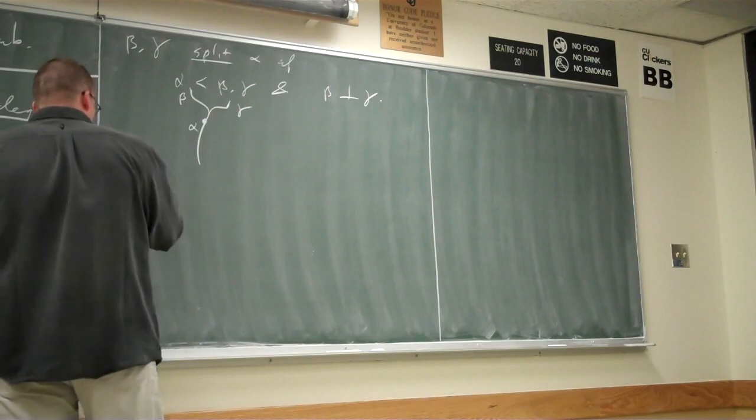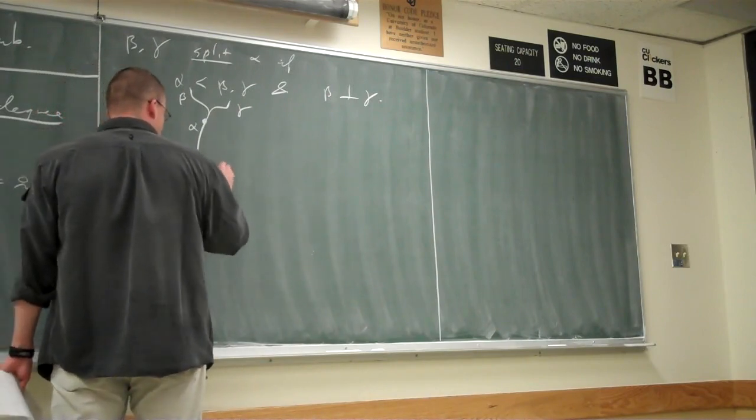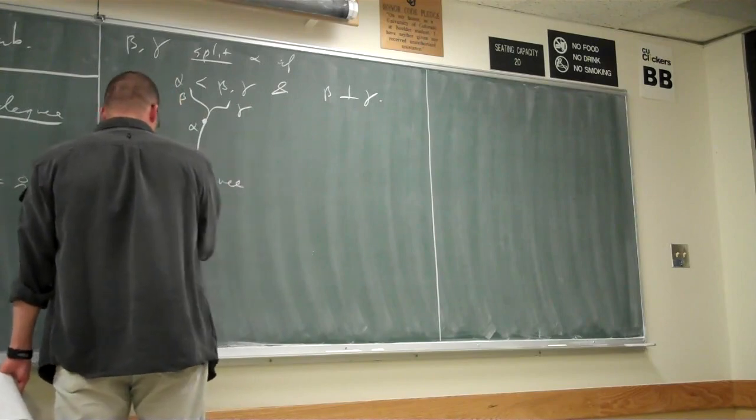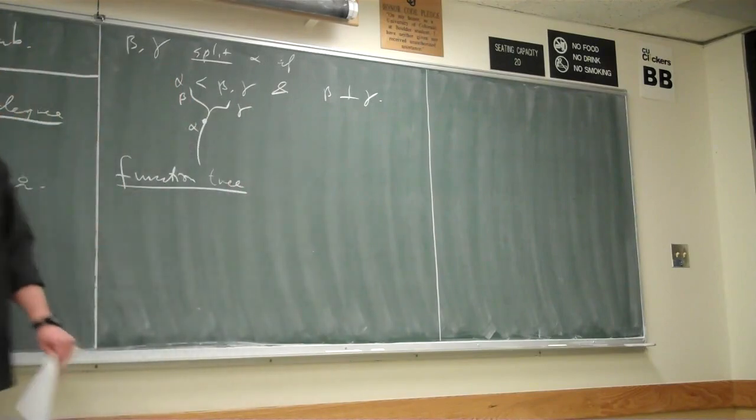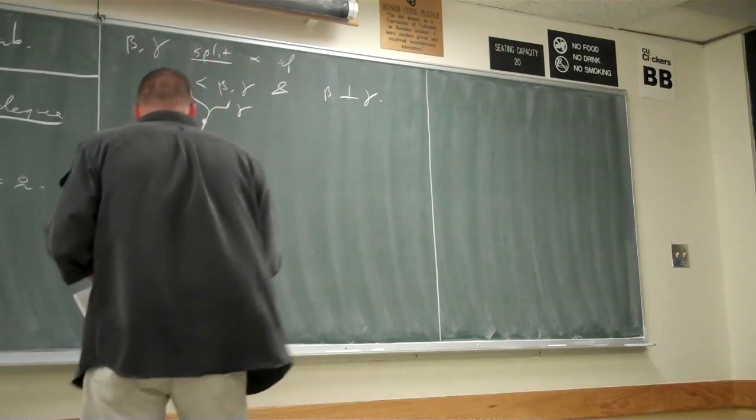We have the notion of a function tree. The notion of a function tree isn't much more than an ordinary everyday tree, except that it's one with a level of bookkeeping on top of it. What is a function tree?